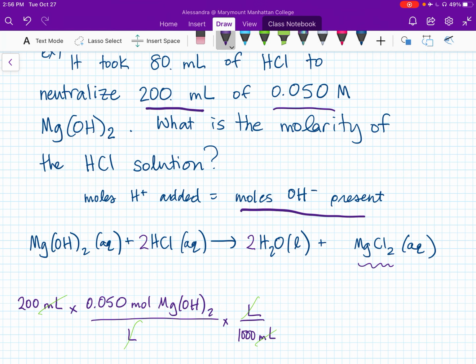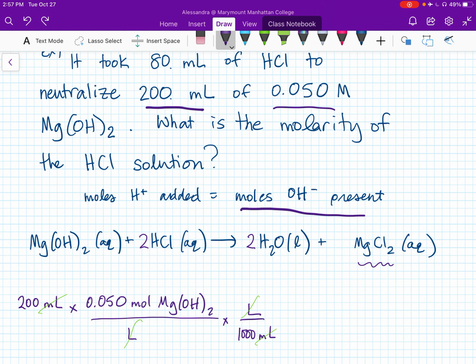Now, I need to use the balanced equation to see that I have 2 moles of HCl for every 1 mole of magnesium hydroxide. So that means that I can put that stoichiometric ratio into my calculation here, 2 moles of HCl for every 1 mole of magnesium hydroxide. This will enable me to cancel out the moles of magnesium hydroxide, and now I have determined the number of moles of H plus that I've added.